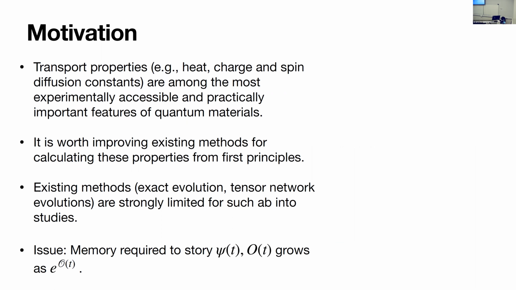So, the motivation for this talk. The basic idea is that the transport properties of materials, conductivities, diffusivities, are amongst the most experimentally relevant and easily accessible properties of materials. So it's extremely useful for us to be able to calculate these from first principles on a computer, because that way we can more quantitatively and thoroughly make a connection between theory and experiment.